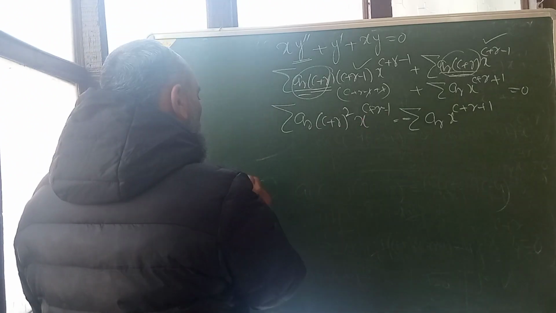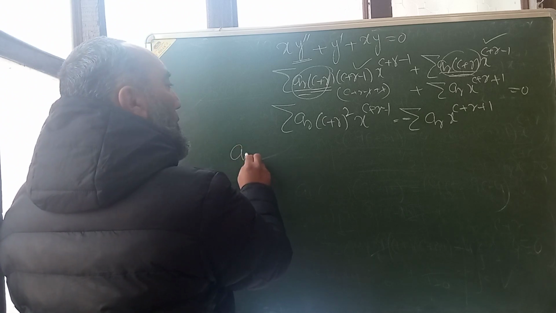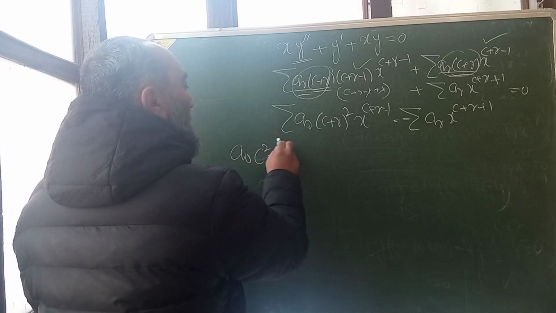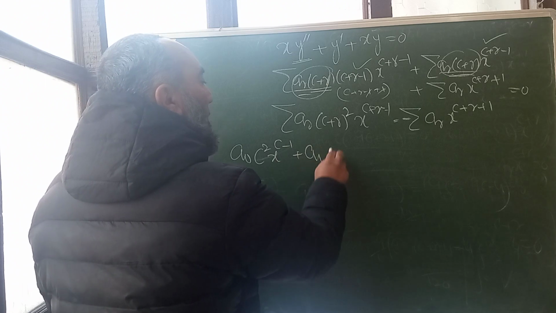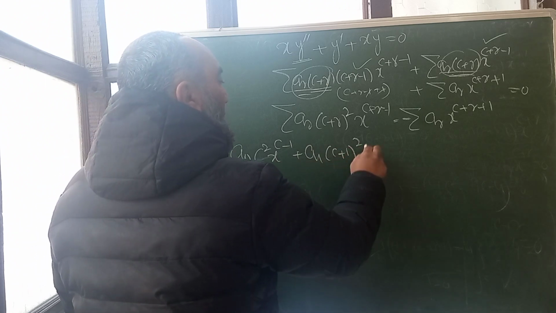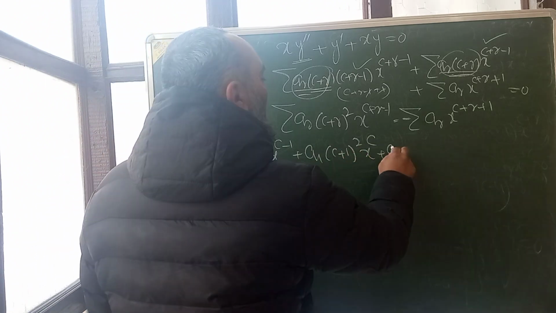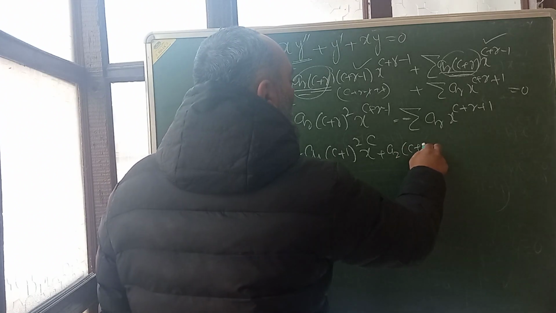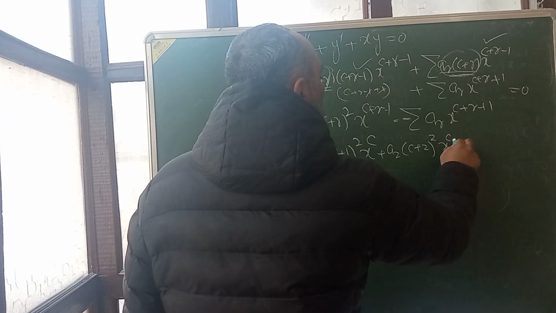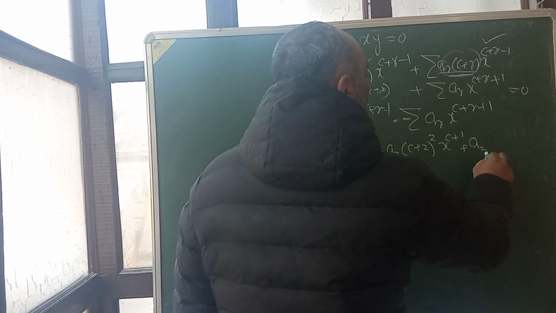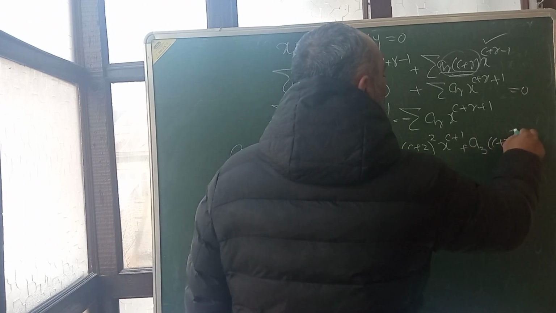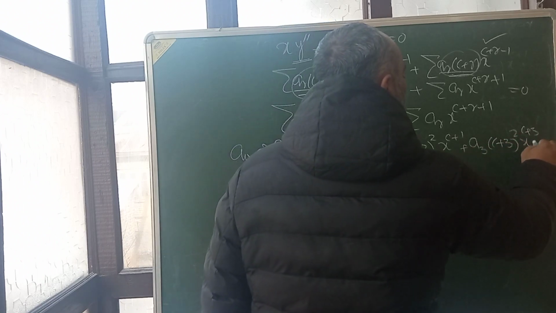Let me operate it. This is A0 C square x raised to the power C minus 1. A1 (C plus 1) square x raised to the power C. A2 (C plus 2) square x raised to the power C plus 1. A3 (C plus 3) square x raised to the power C plus 2 and so on.